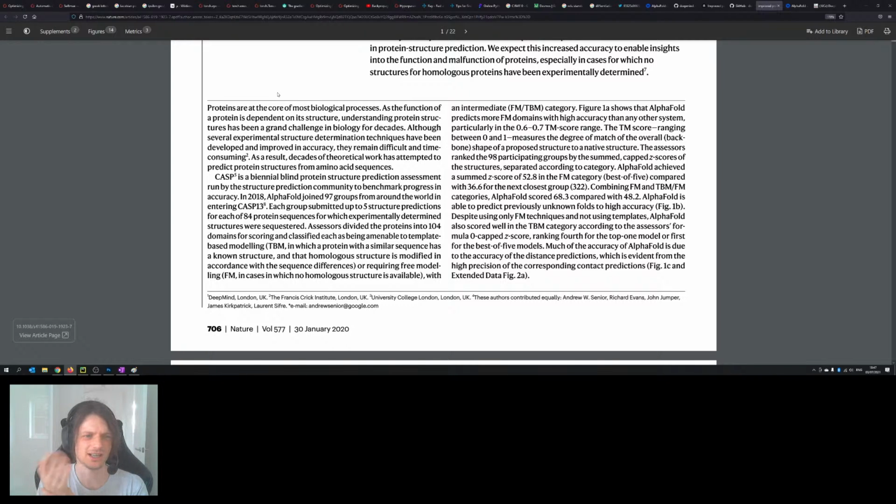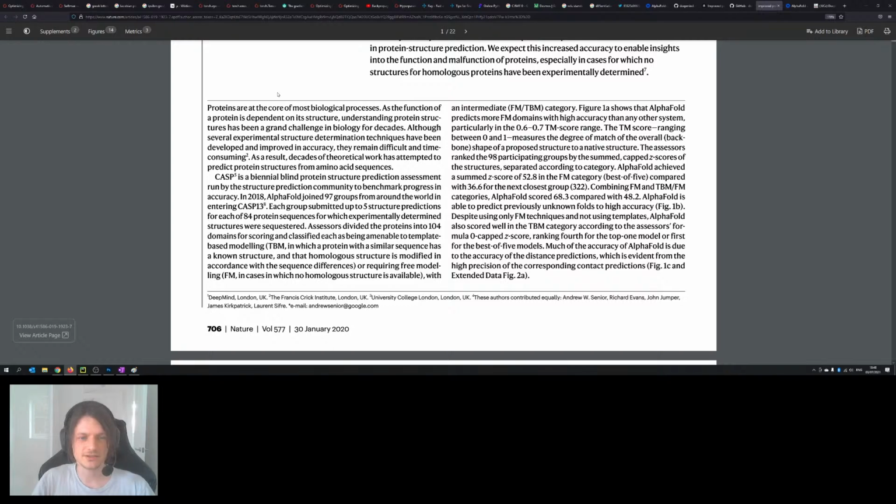My wrist. As a result, decades of theoretical work has attempted to predict protein structures from amino acid sequences. CASP is a biennial blind protein structure prediction assessment run by the structure prediction community to benchmark progress in accuracy. In 2018, AlphaFold joined 97 groups from around the world entering CASP 13. Each group submitted up to 5 structure predictions for each of 84 protein sequences for which experimentally determined structures were sequestered.